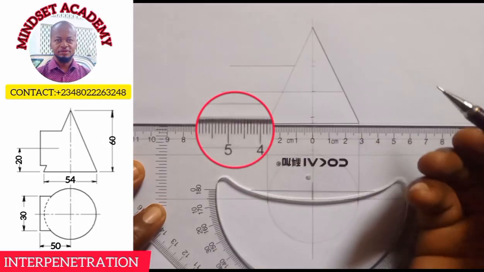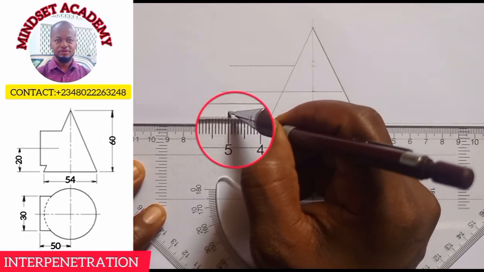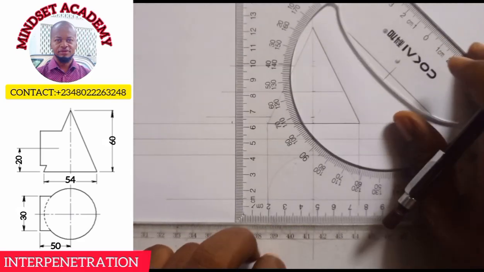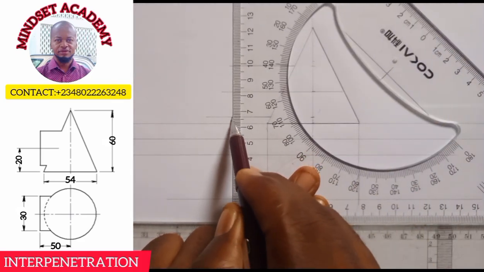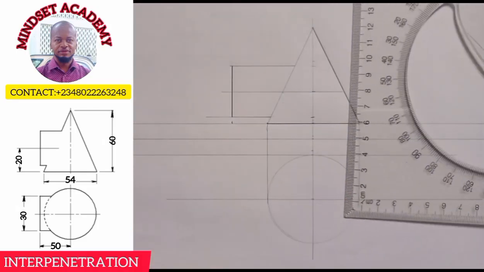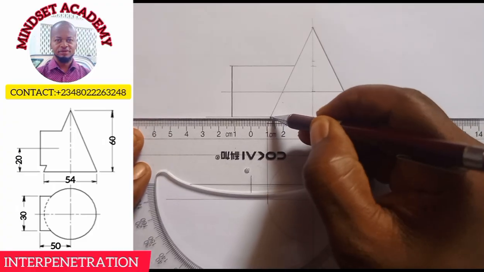Let me just use 50. It's 50. Right? So that will make me now close here up with a thick line. That will make me also close it up too.